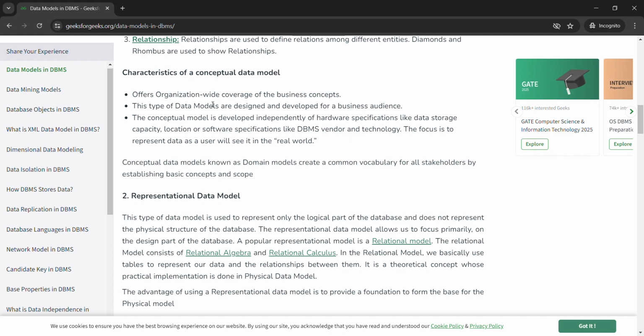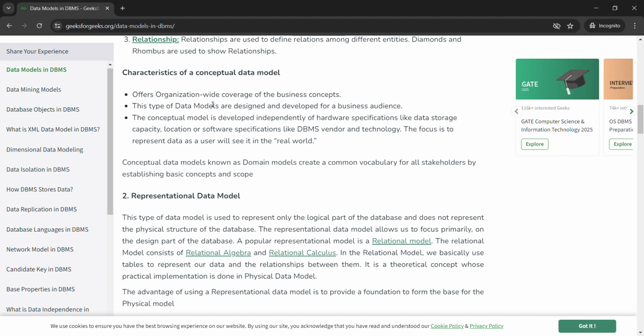The conceptual model is developed independently of hardware specifications like data storage capacity and location, or software specifications like DBMS vendor and technology. The focus is to represent data as a user will see it in the real world.